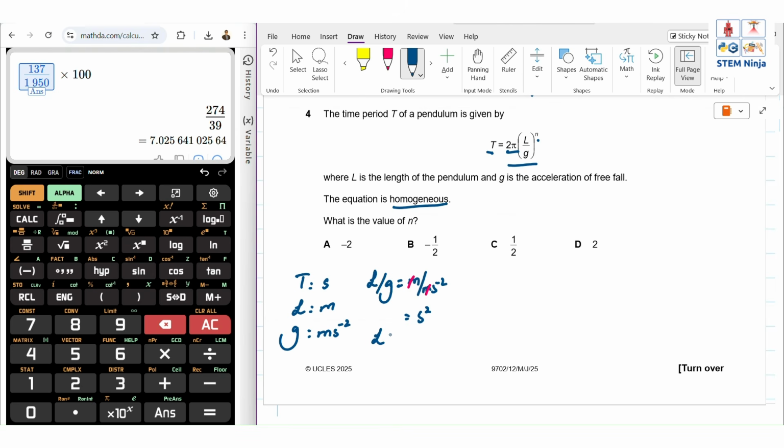So L over g raised to power n would be s to the 2n. The units for T equal the units for L over g raised to power n. So s to the 1 equals s to the 2n. The bases are the same, so we equate the powers. 2n is equal to 1, so n would be 1 over 2. C.